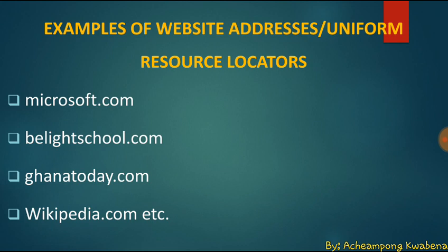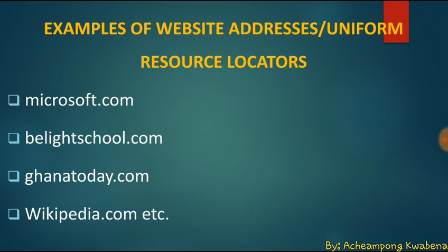So that one is an example of a website address or Uniform Resource Locator. We have Microsoft.com. You can start with the www.microsoft.com. The next one we have bilischool.com. We have GhanaToday.com. Then we have Wikipedia.com.